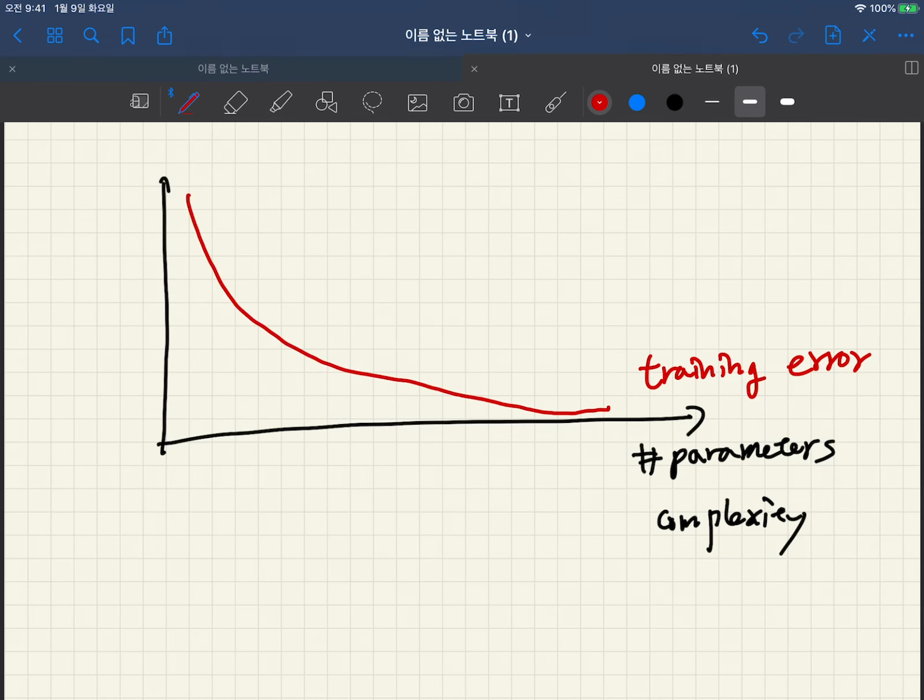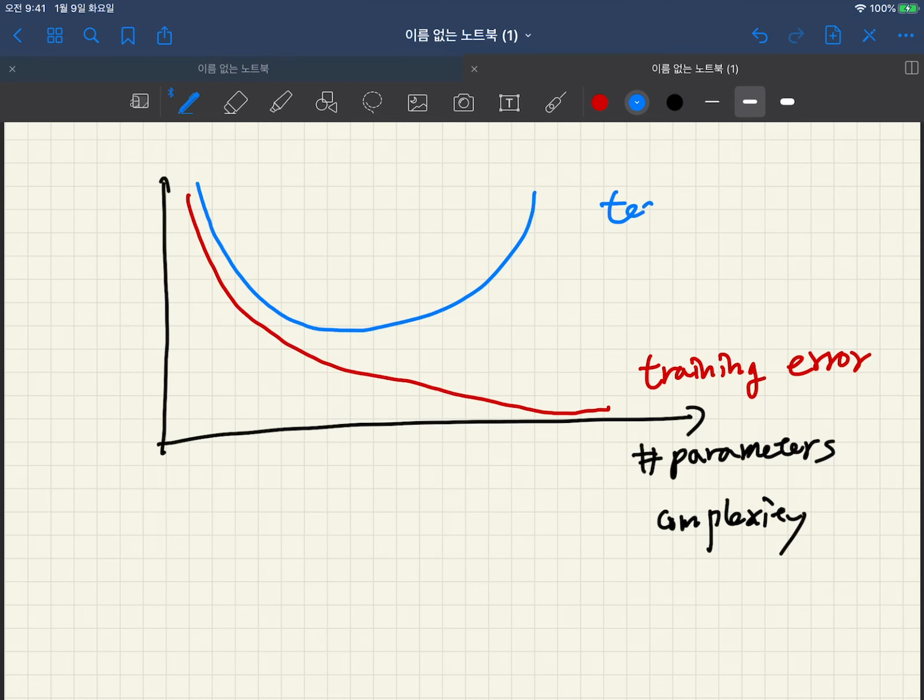You can follow the training data points more easily. But in terms of test error, at the beginning the test error also decreases, but at some magical point it increases.